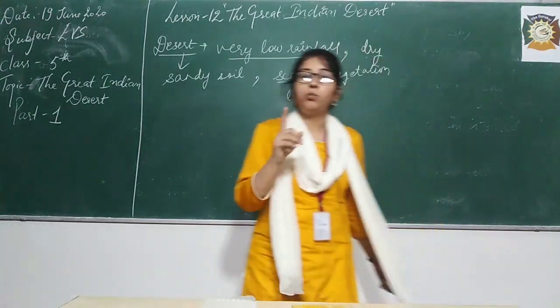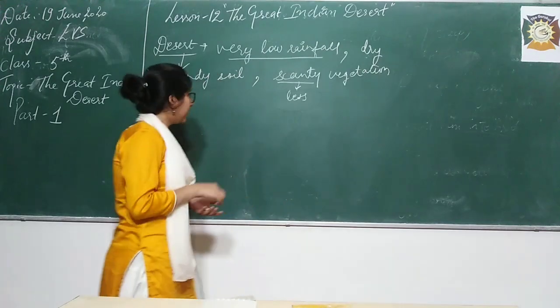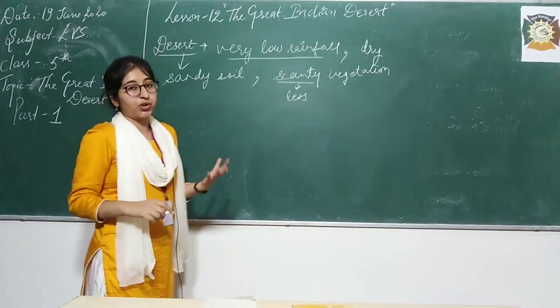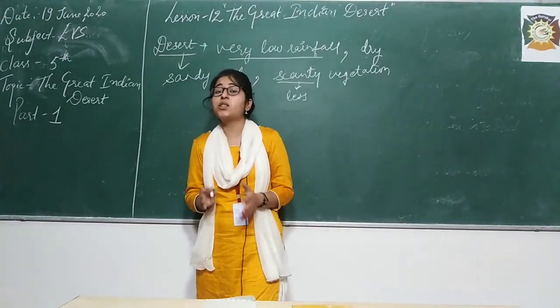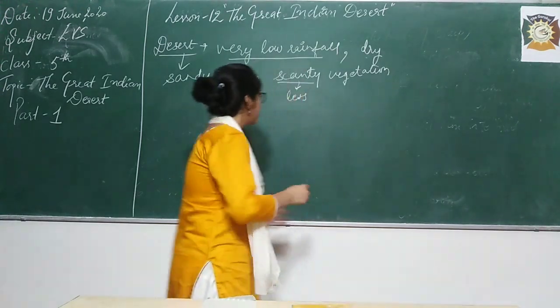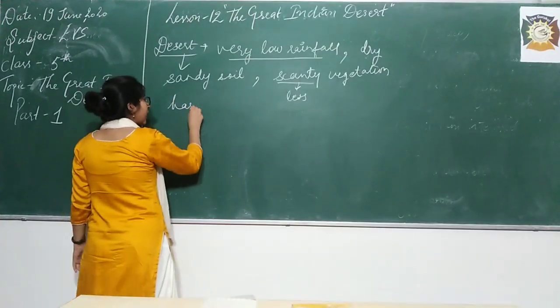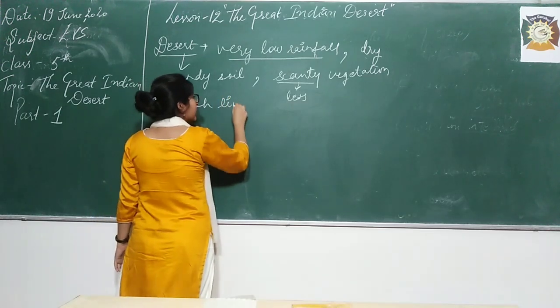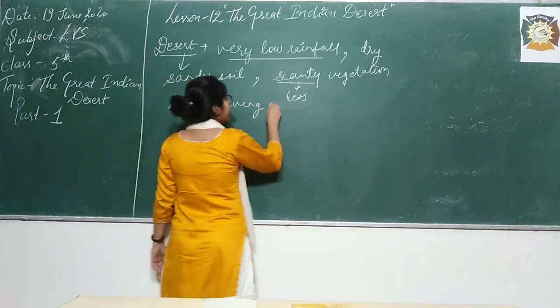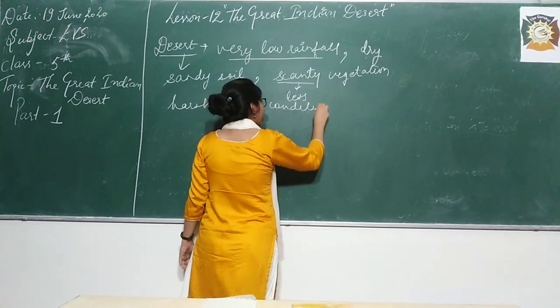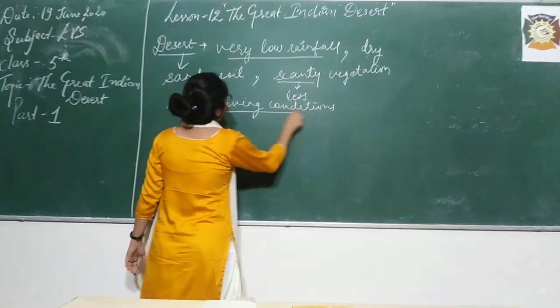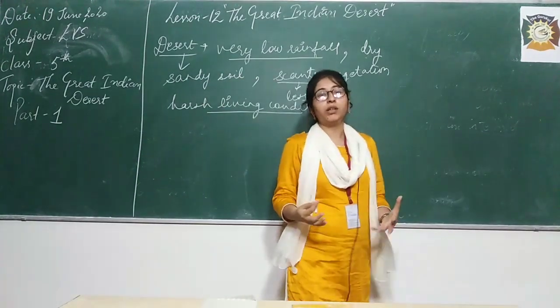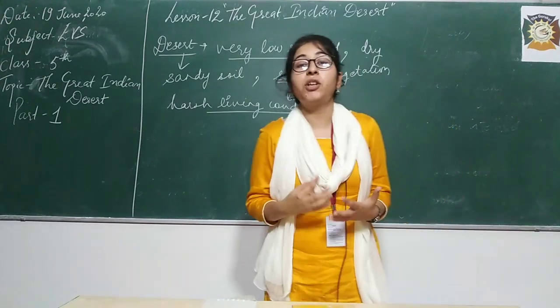And one more thing, students: in deserts there are very harsh conditions. Harsh means it's not easy to live there. The next point is harsh living conditions. People living there experience a lot of trouble.